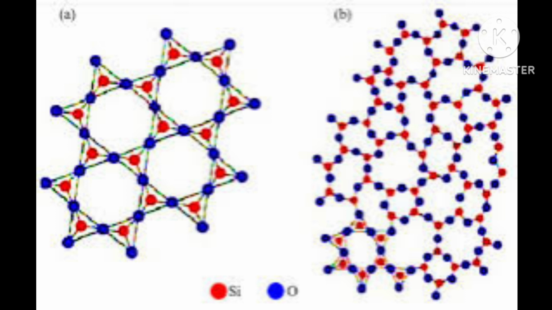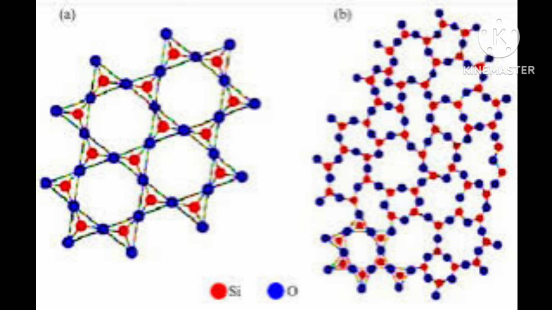Due to its typical structure, carbon atoms are arranged in different layers and each atom is covalently bonded to three of the neighboring atoms in the same layer.